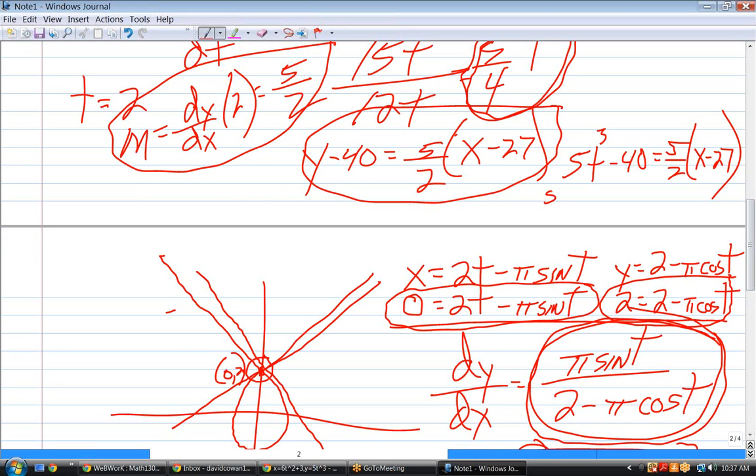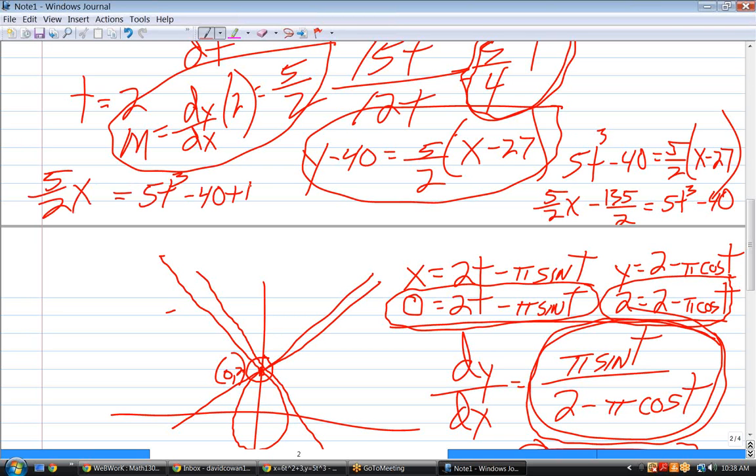So we have 5 halves x minus 135 halves equals 5t cubed minus 40. So 5 halves x equals 5t cubed minus 40 plus 135 halves.